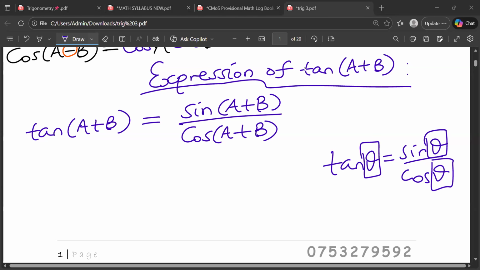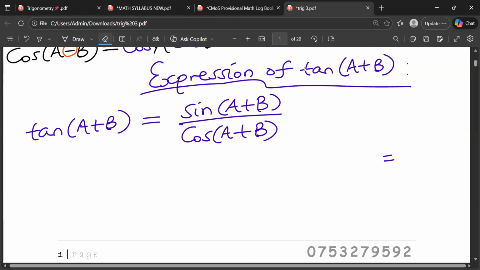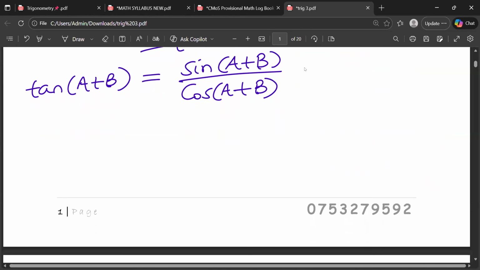But we have not yet started doing any number. You first learn the expression, then you wait for how numbers are done. Then maybe you can ask what you exactly want to ask. Okay, thank you.